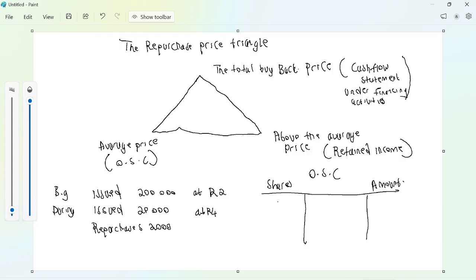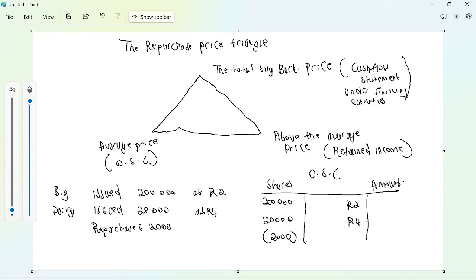Here I have 200,000 shares at the beginning at 2 rand, and here I have issued 20,000 shares at 4 rand. And then here I have repurchased. Remember, repurchased shares reduce the value of the issued shares, so we're going to minus 2,000 here. Now in this case we don't know at what price these shares were issued, right?